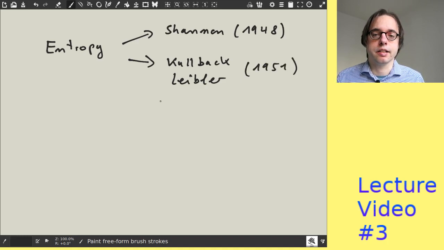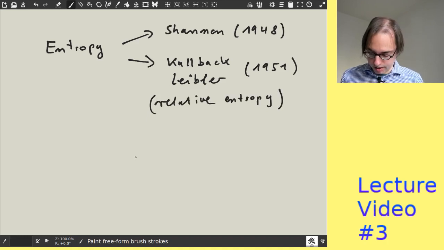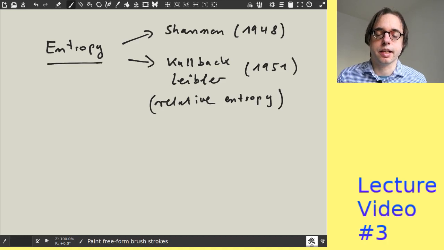This is called relative entropy, and we'll come to the precise definitions in a few minutes. These are classical entropy measures.